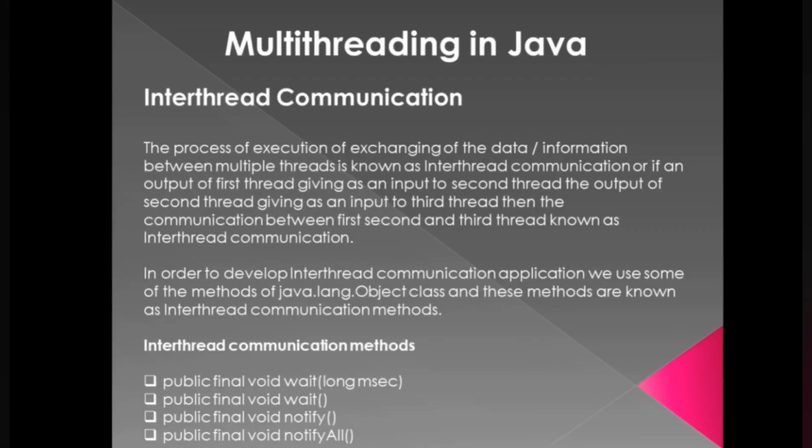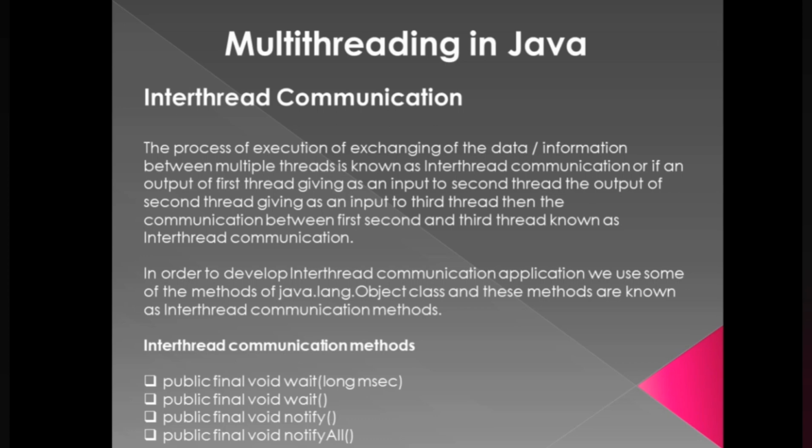So let's discuss inter-thread communication. The process of exchanging data and information between multiple threads is known as inter-thread communication. Or, if the output of the first thread is given as input to a second thread, and the output of the second thread is given as input to a third thread, then the communication between them is known as inter-thread communication.